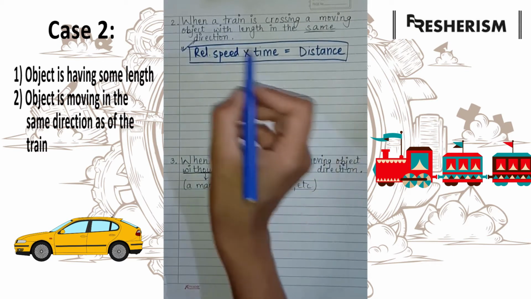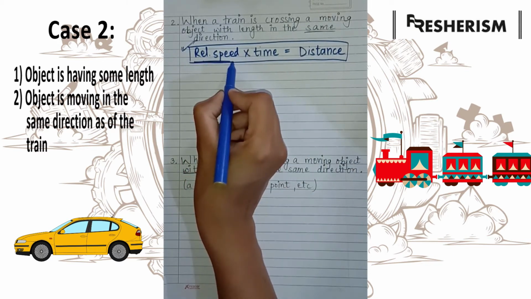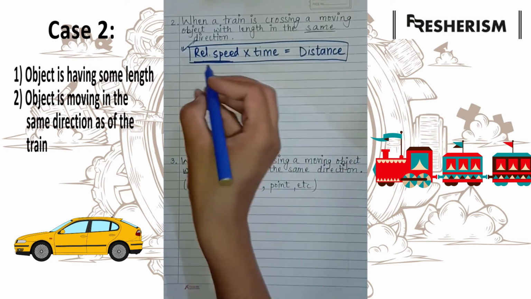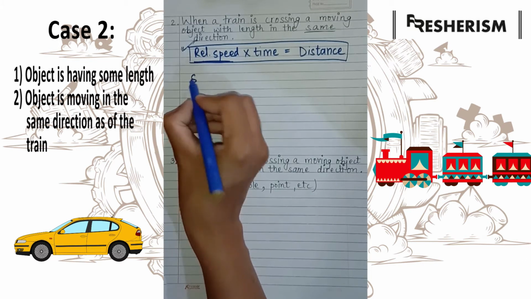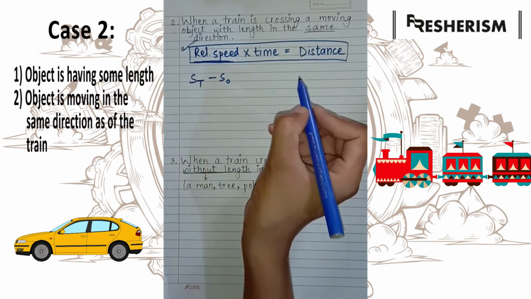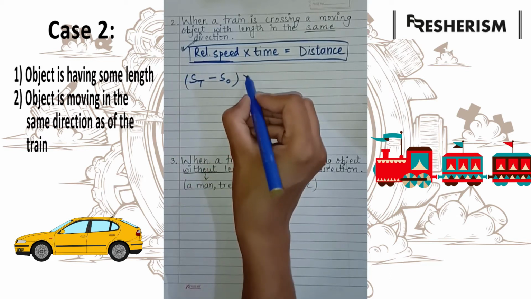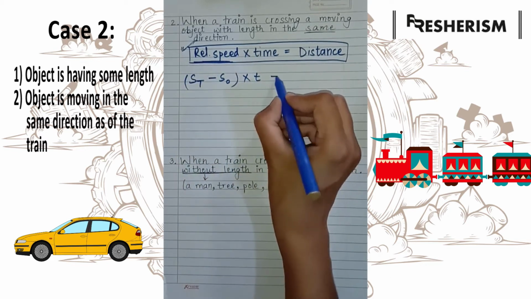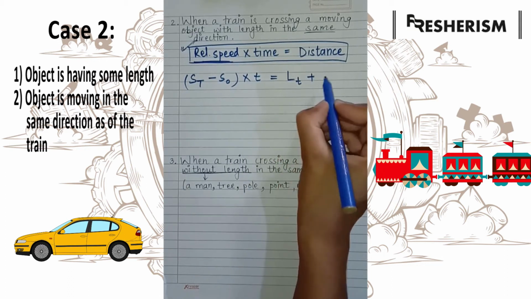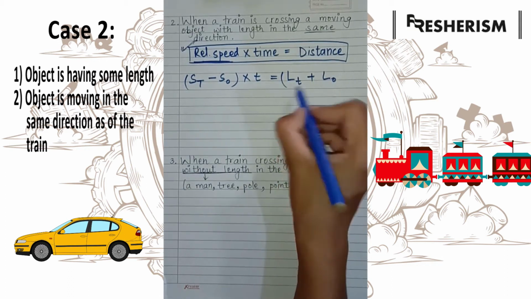But in this condition, what would be the relative speed? In the same direction, we know that we have to subtract the speeds. So it would be equal to the speed of train minus the speed of object multiplied by the time taken, and distance covered would be equal to the length of train plus length of object.